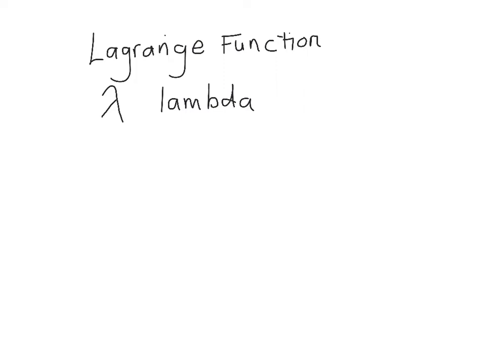And you'll see that in the example that we'll do. So the Lagrange function looks like this. F at x, y, lambda. So now we're introducing that third variable, or third piece of information.